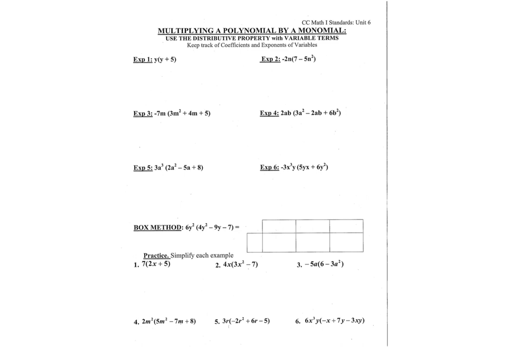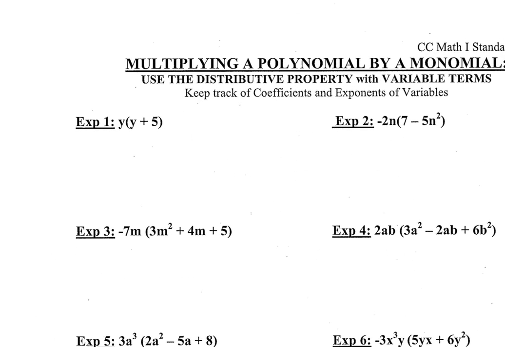Okay, so we got to remember our variable rules here and exponent rules for when we multiply. For example, 1, when I distribute my y, remember we're multiplying the bases together, so that means we're going to be adding the exponents. So this will be y squared. Okay, and then when the y goes to the 5, we will have plus 5y.